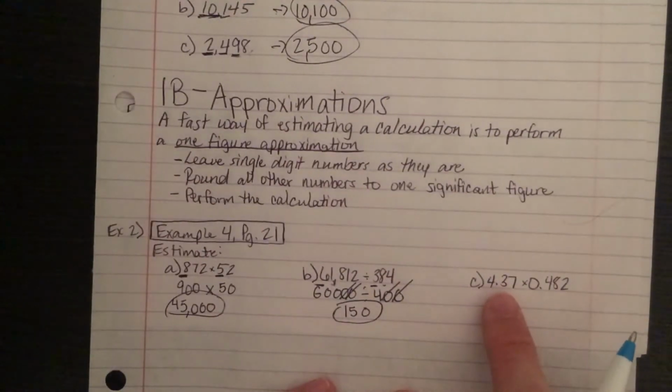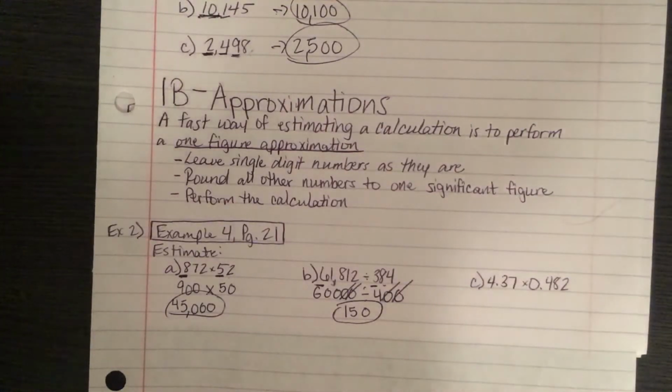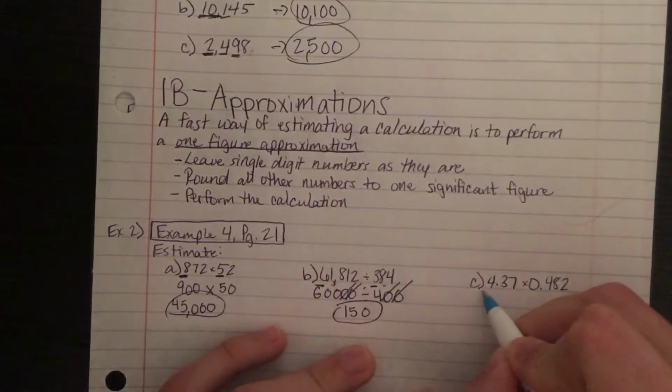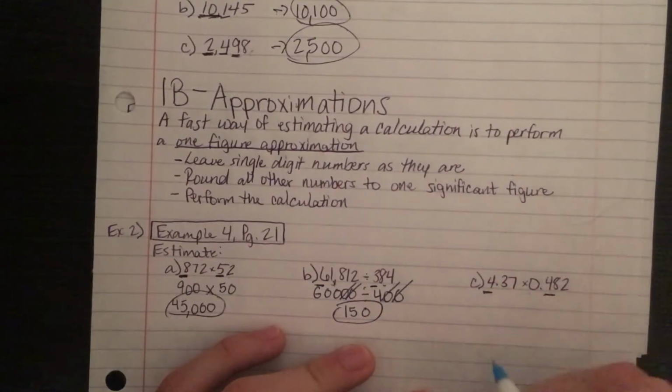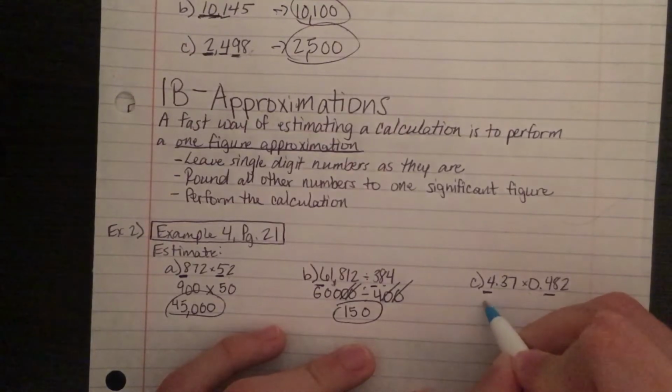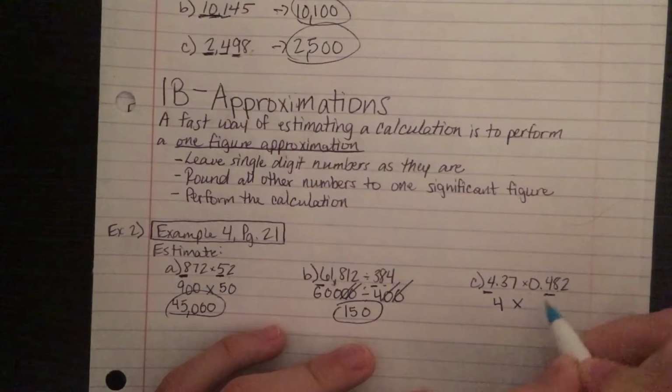So I want you all to pause this and try approximating this on your own for me real quick. Try approximating it on your own. So let's see, we're going to round 4, and 0 is not the sig fig, 4 is right here. So we're going to say 4 is going to round down, so 4 times, this is going to round up to 0.5.